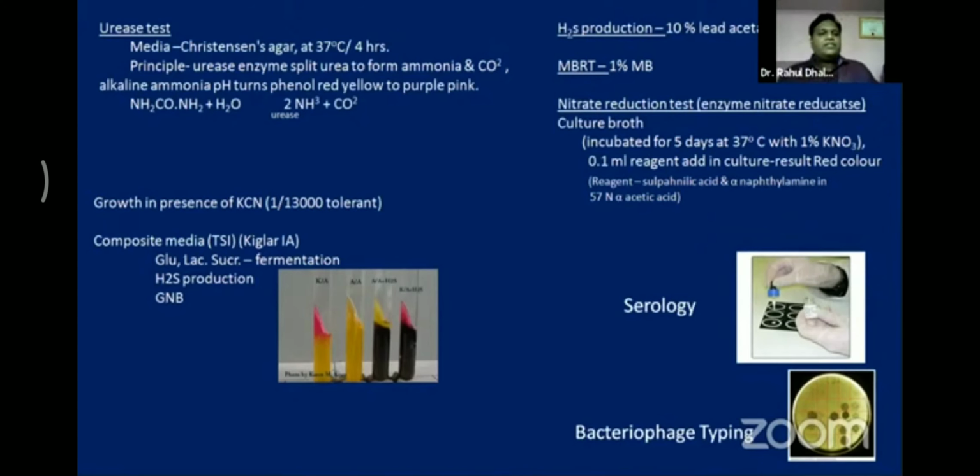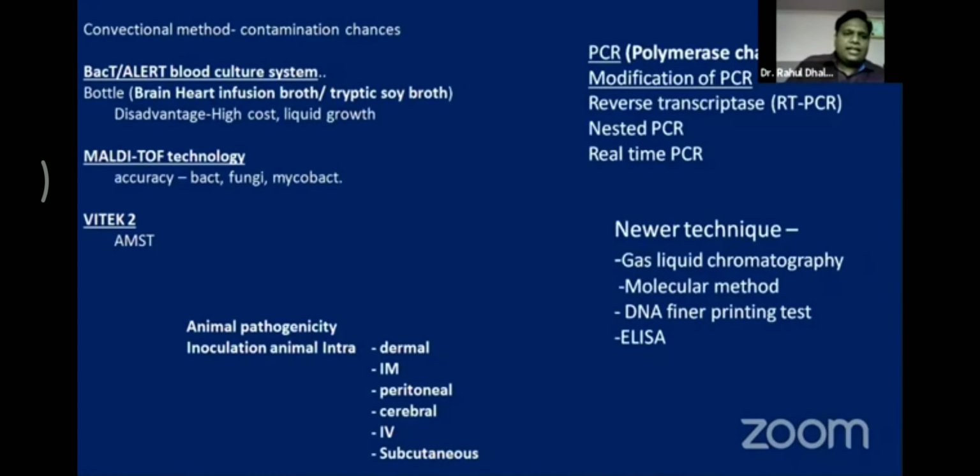Then conventional methods are too tedious and chances of contamination are high. That's why automated systems like BacT/Alert are now invented. When we insert the specimen into these machines, and also there are some automated inventions.